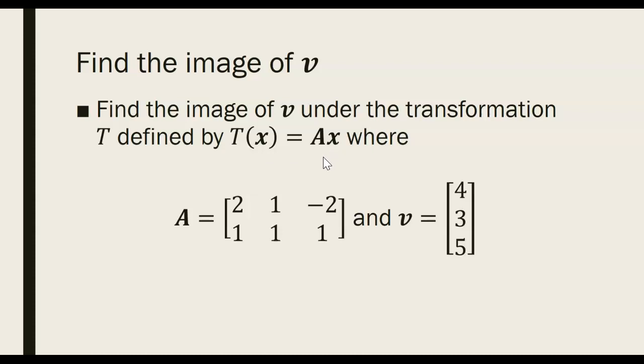In order to do this, we're basically going to need to understand what the image means and how we define this. Let me write that down on a Word document.